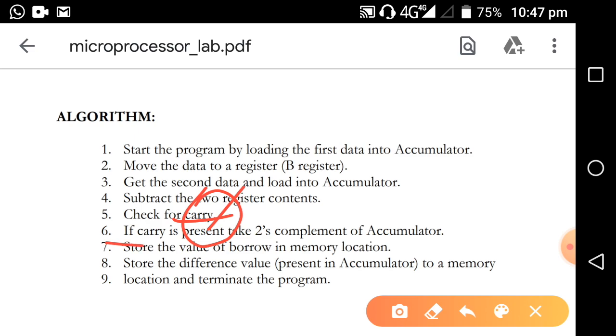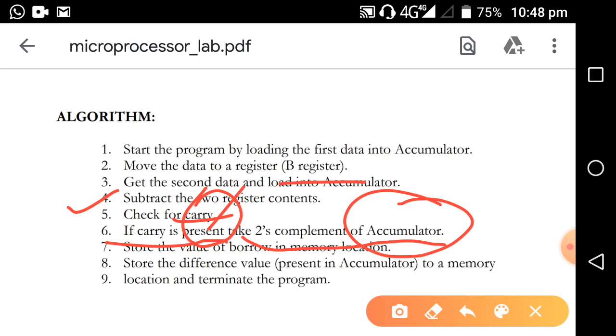If carry is present, which represents that the accumulator content is lesser than the content of the B register in this case, there will be a negative difference. Okay, so to convert this difference into the appropriate form, we have to take the 2's complement of the difference, which is stored in the accumulator after step 4.